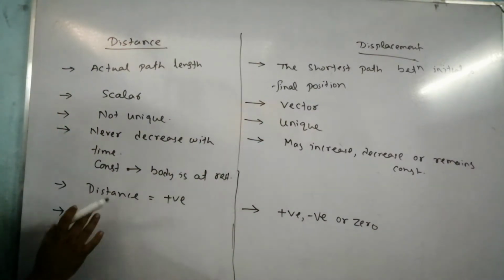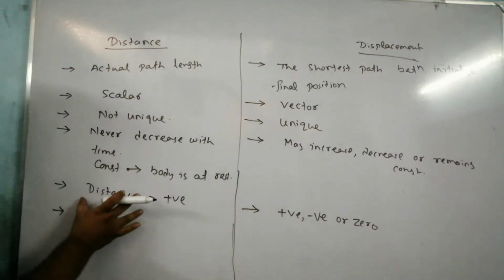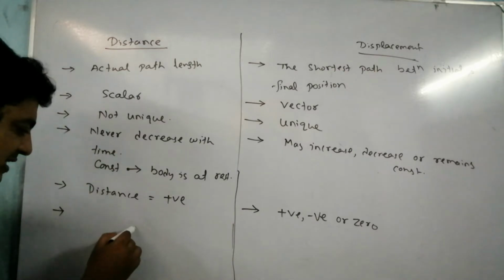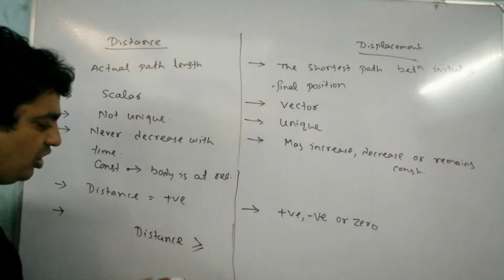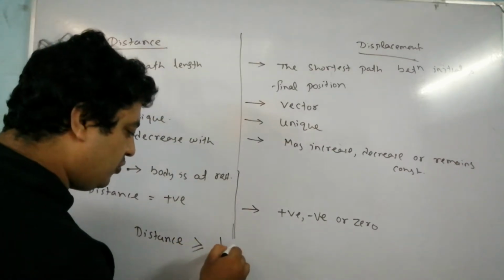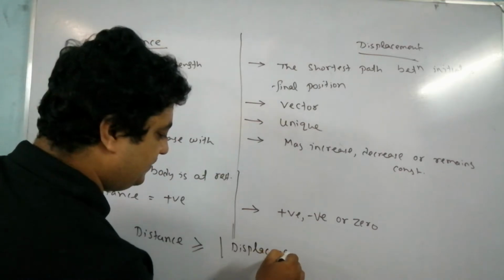The next part. The magnitude of displacement is always less than or equal to distance. So we can say distance is always greater than or equal to the magnitude of displacement.